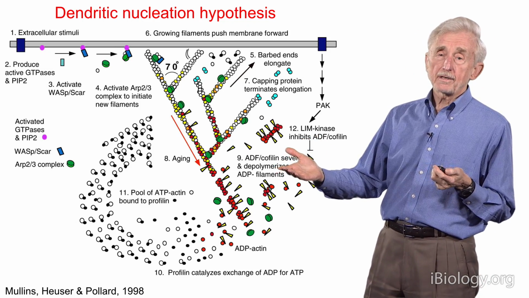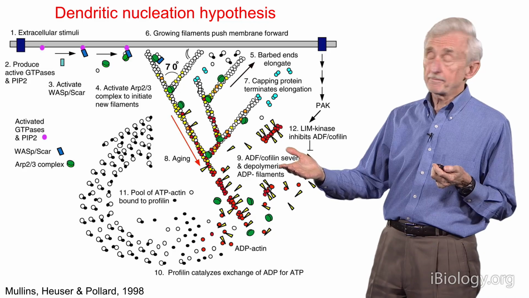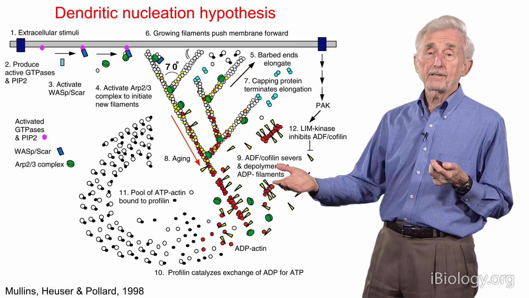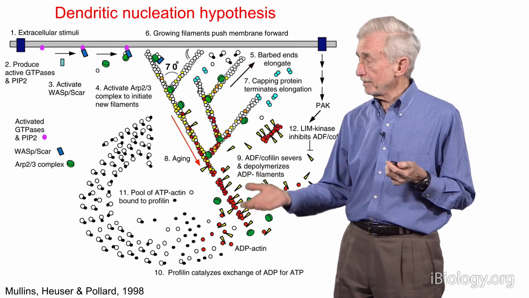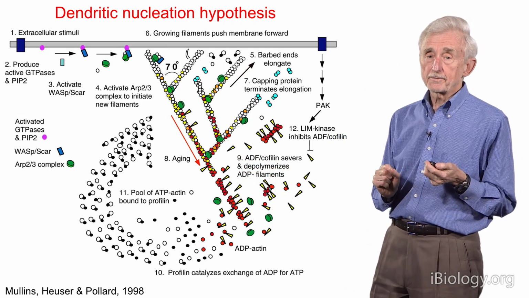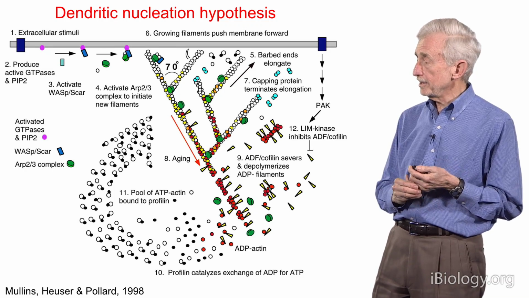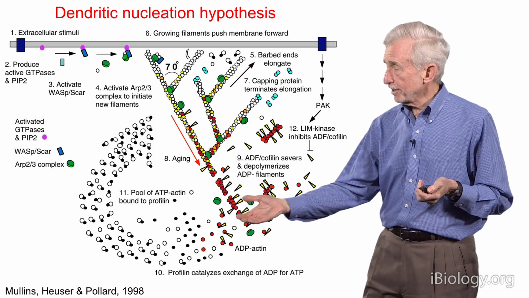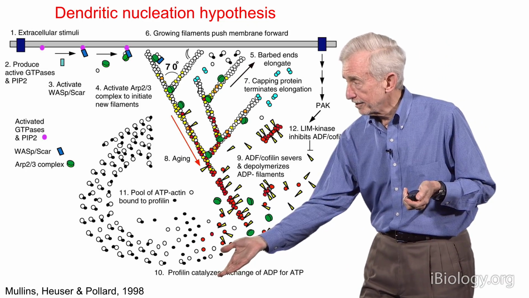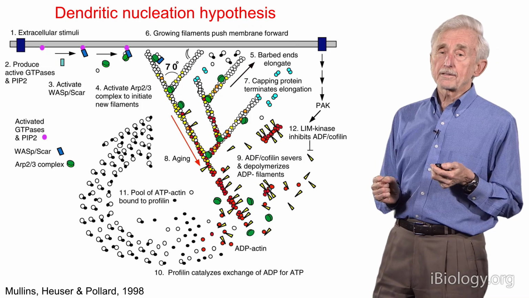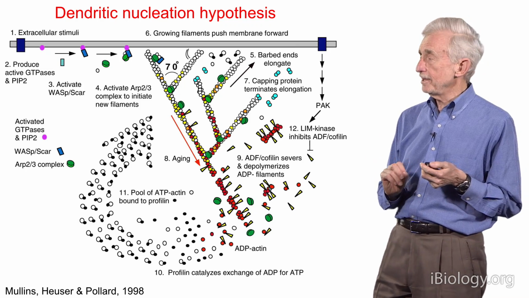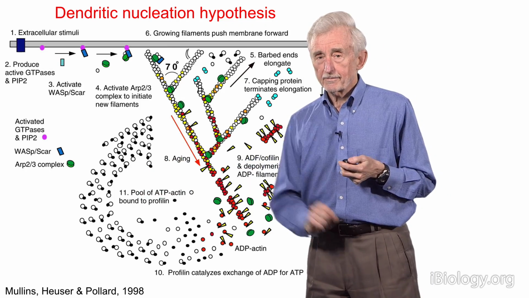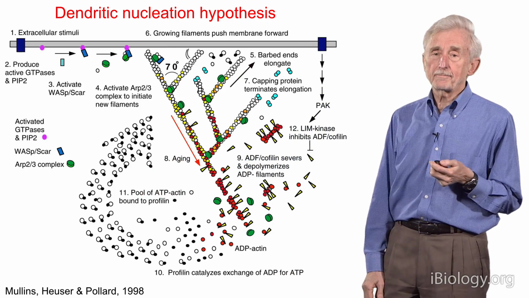This is preparing the actin filaments for disassembly, because the ADF/cofilin proteins will attack the ADP actin filaments and cut them up into short pieces, which subsequently depolymerize. This releases ADP actin into the cytoplasm, and then profilin returns and catalyzes the exchange of ADP for ATP on the actin subunits, refilling the fuel tank for this process down here at the bottom.